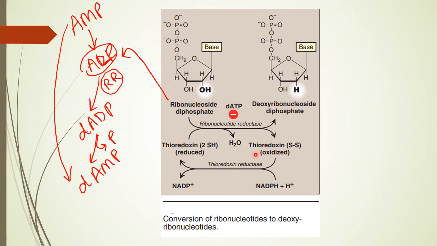And the enzyme which is required here is called thioredoxin reductase. Now, ribonucleotide reductase enzyme can be inhibited by high levels of dATP. If deoxyadenosine triphosphate is present excessively in the body, then it can inhibit ribonucleotide reductase, and thus no more deoxyribonucleotides will be produced in the cell.